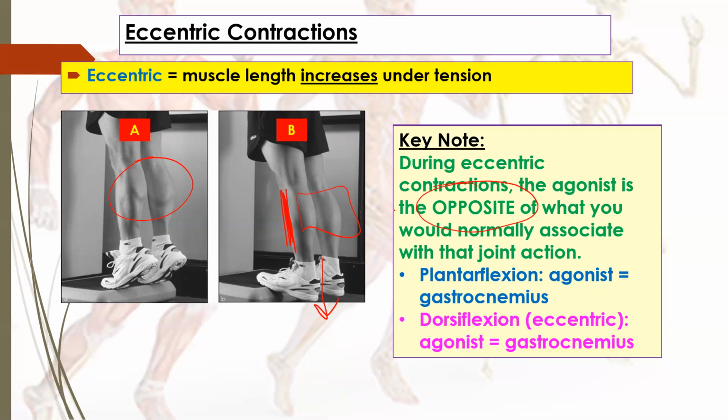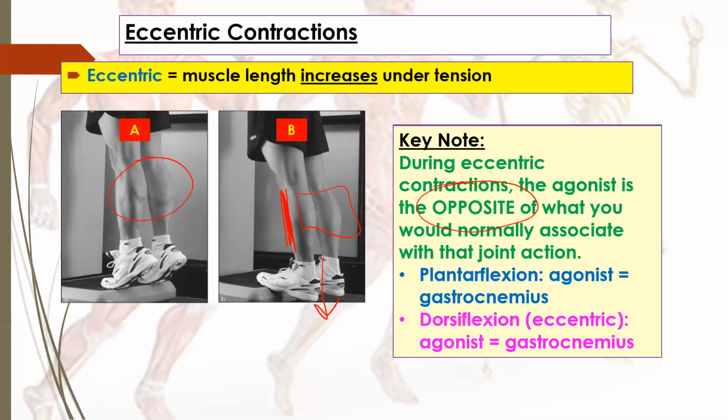If you get your head around this rule, it will help you answer any questions about muscular contractions, particularly whether you've got to identify if it's concentric or eccentric. So during plantar flexion, the agonist is gastrocnemius, which is what you'd expect. Now, normally dorsiflexion, we would say that the agonist is the tibialis anterior, the opposite.